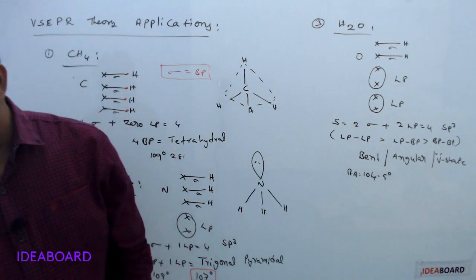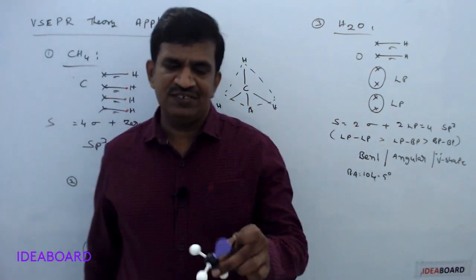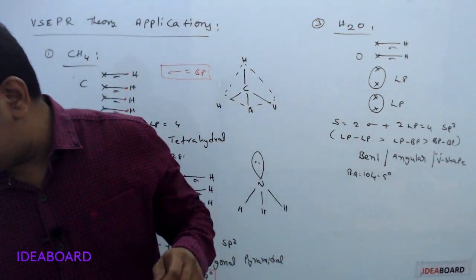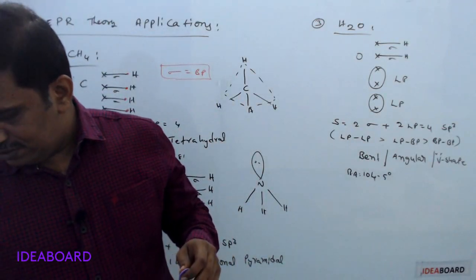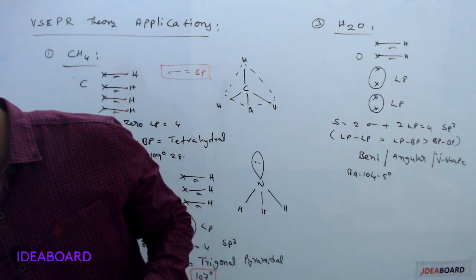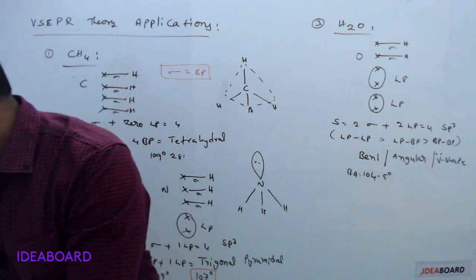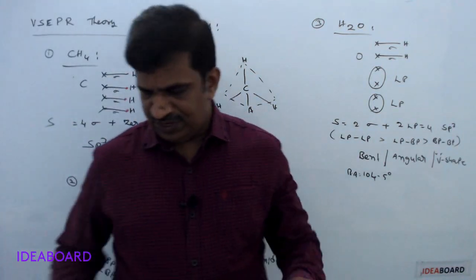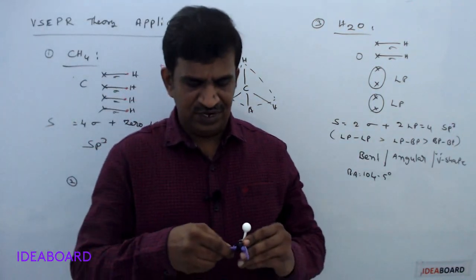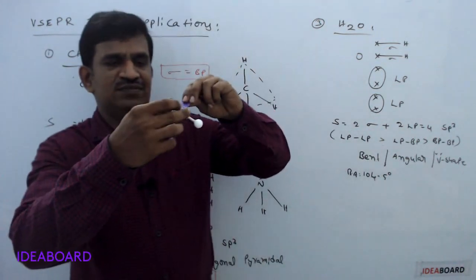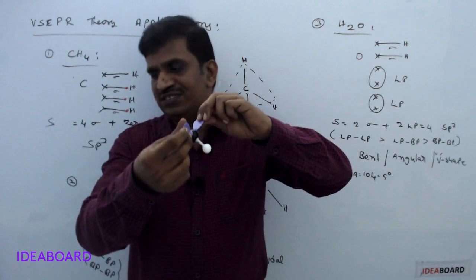So if it has one lone pair, we can say this is the trigonal pyramid. If one more lone pair is also present, we remove one bond and add one more lone pair, then it looks like this.